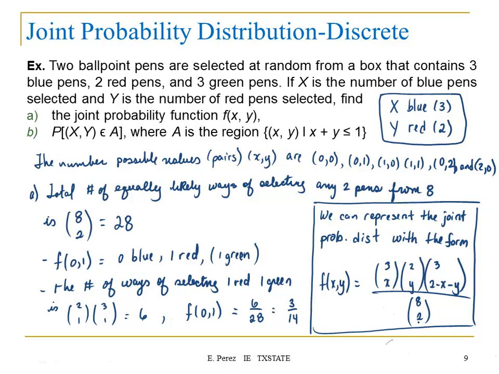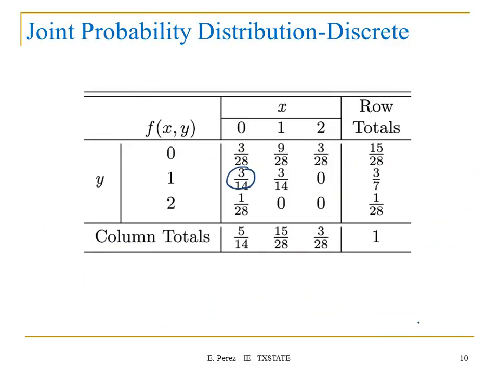So what I'm saying now is the summation of X and Y has to be less than or equal to 1. Let me try to solve part B here. So the probability is the following. We are looking at the probability of X plus Y being less than or equal to 1.